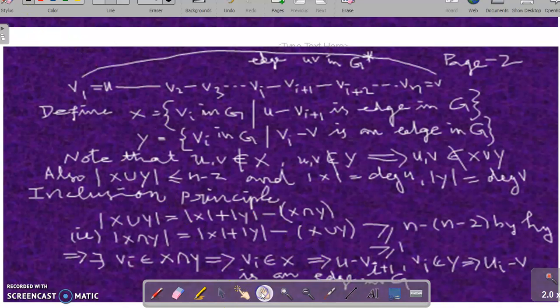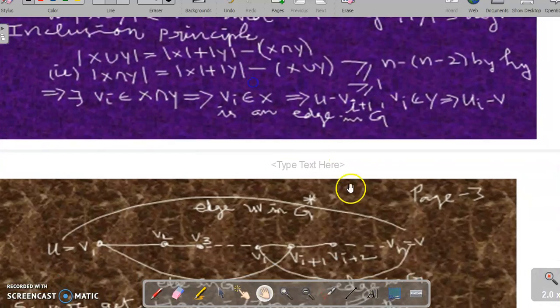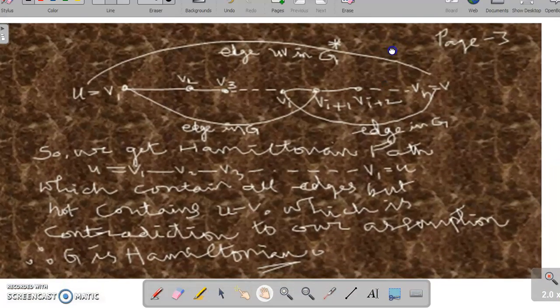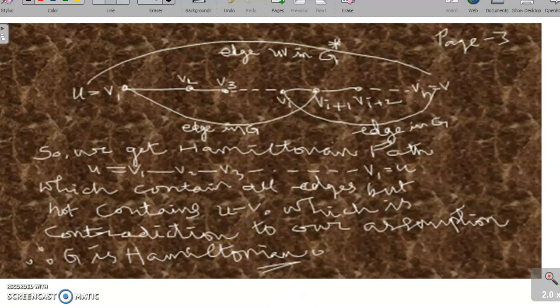Now I take the next page, and you will see the conclusion of this particular theorem, and that will give you a very concrete idea about how these theorems can be proved.